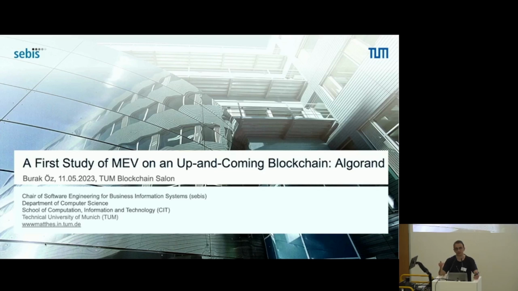You can think of the blockchain as a cup and MEV as the water, and it basically takes the shape of the cup you put it in. Because Algorand is a blockchain which has distinct properties compared to Ethereum, we are incentivized to check how the MEV game is actually played on Algorand, and that's the whole motivation of this research.